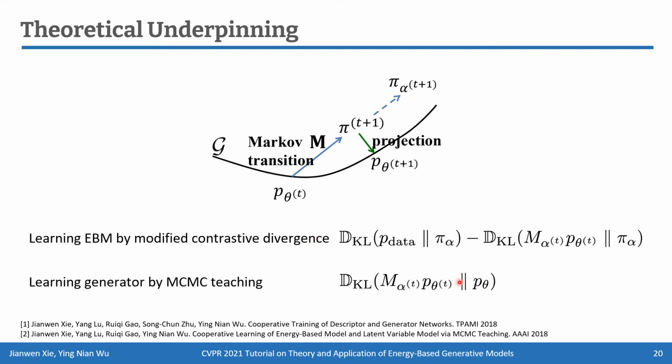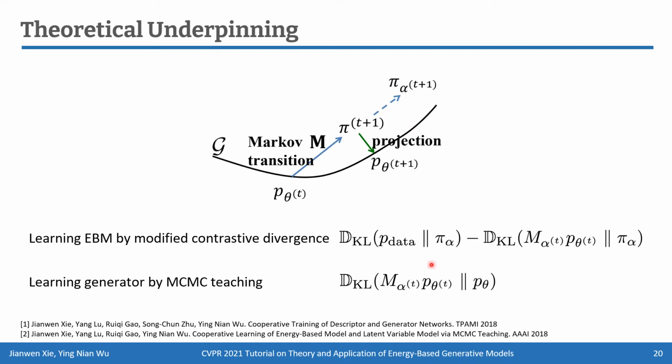But here, we run a finite step MCMC, where we use M to denote the transition kernel, from the examples generated by the generator model instead of from the observed examples. So basically, we use the generator model to jumpstart the MCMC, or we use the generator model to amortize the MCMC sampling for the EBM.